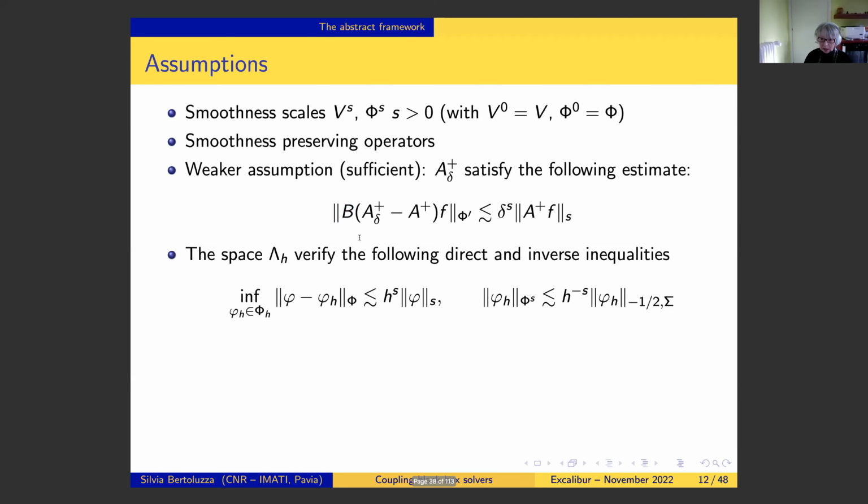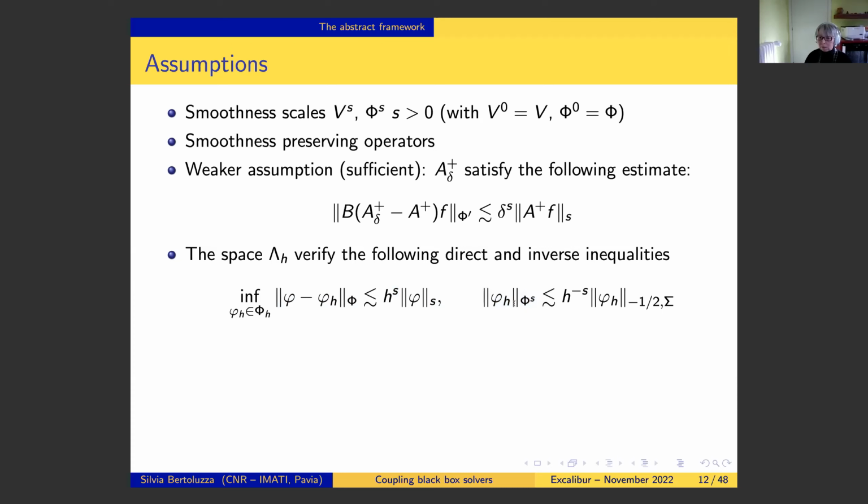And then I need my, here should be a phi h. Sorry, first or second misprint. The space phi h needs to verify some approximation property of this form. So if phi is regular, then I can approximate it to the right order with an element of the discrete space, and also some kind of inverse estimate.